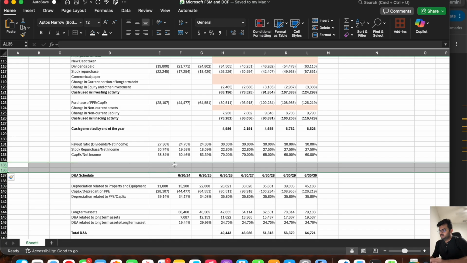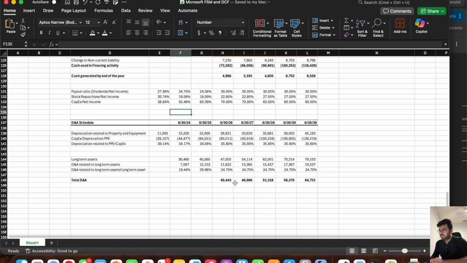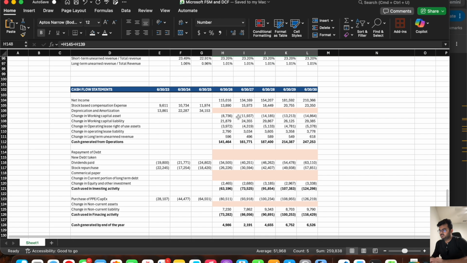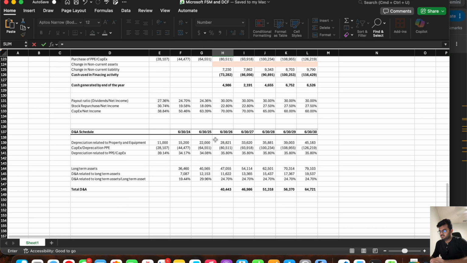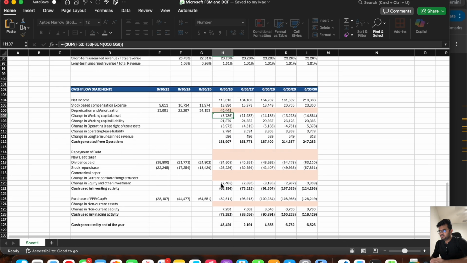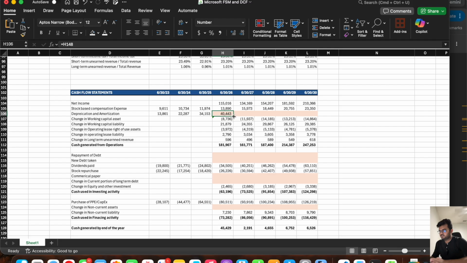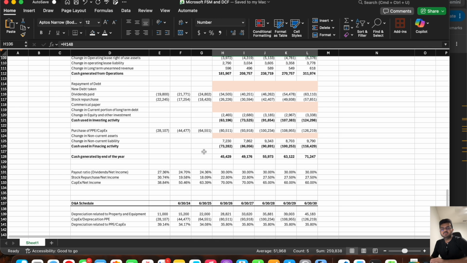Perfect. So now what we can do is just tie this number to the depreciation amortization here. This number is here and then tie it up. So first piece is done. The next one we could go to the repayment of it. But more logical way I will do is, since we calculated what is the depreciation amortization, by end of the day depreciation amortization will also have the PP in it.